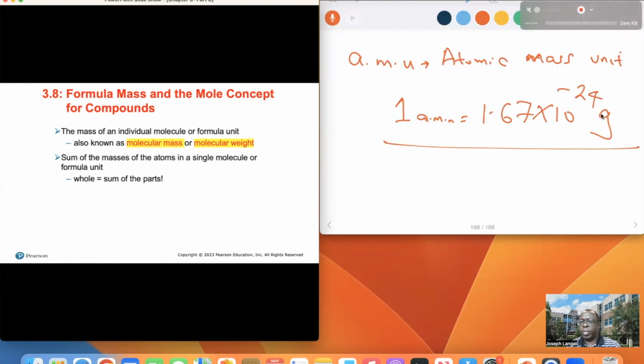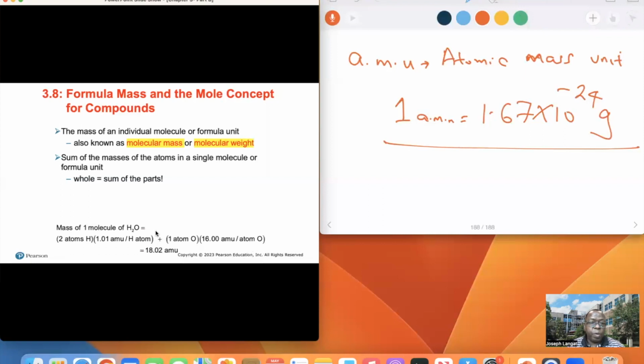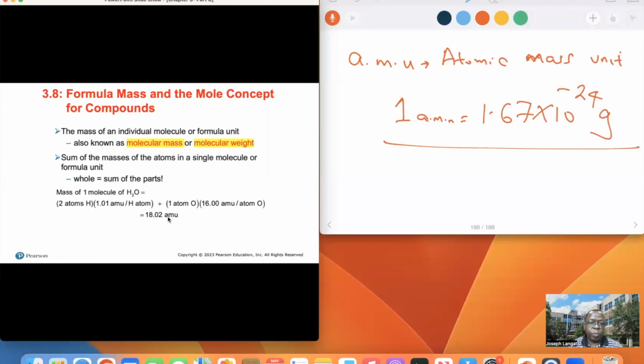That is 23 zeros before you write this number, so it is a very small value. If I had the ability to take one water molecule, it would weigh this. If you want to change to grams, of course, you use the conversion factor.